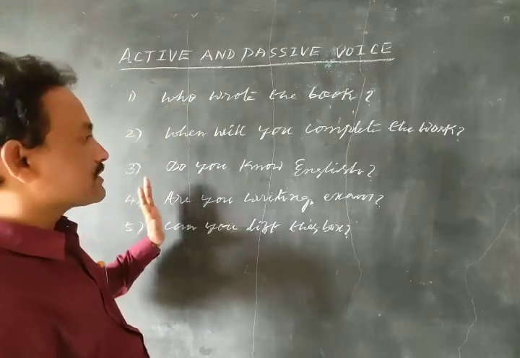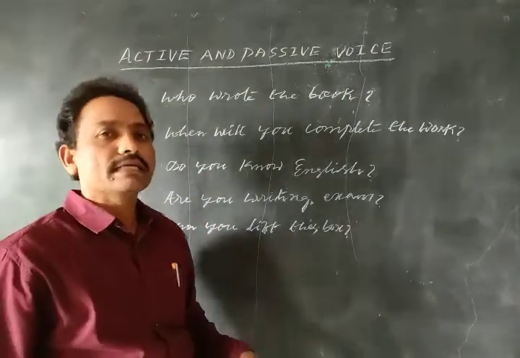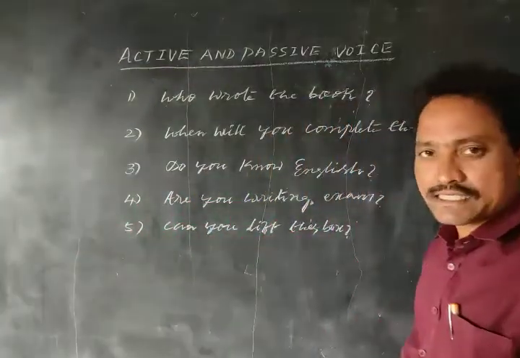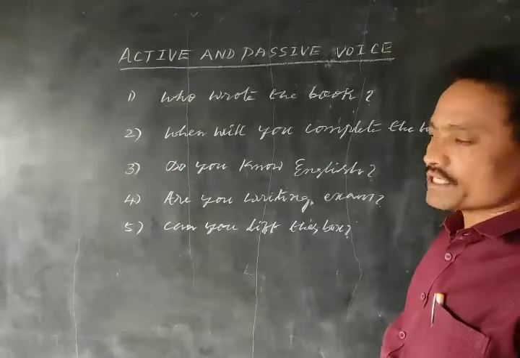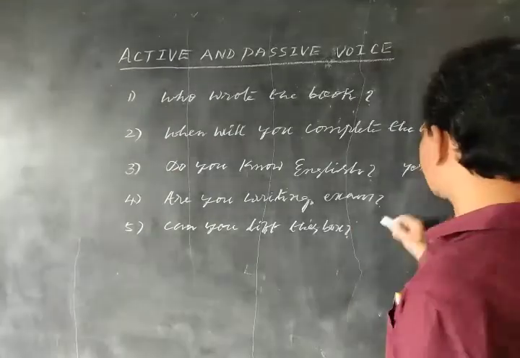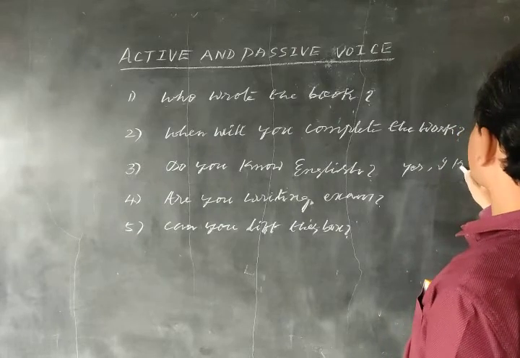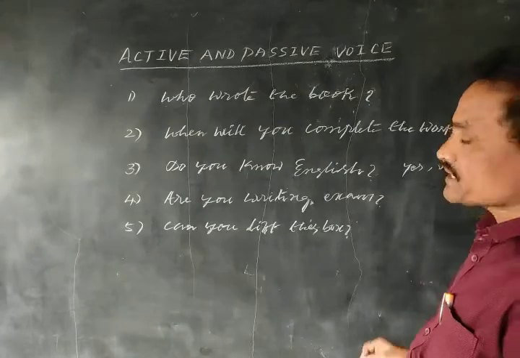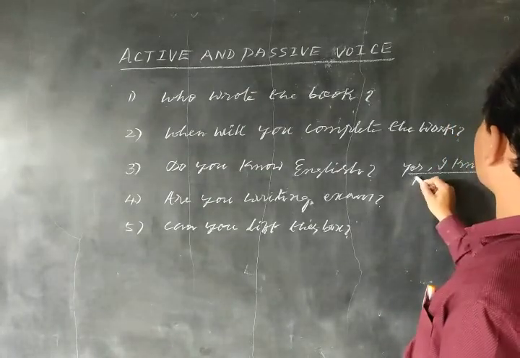Because they begin with do or can, and the answer is yes or no. Do you know English? If it is yes, the answer is, yes, I know. But if it is no, then no, I don't.